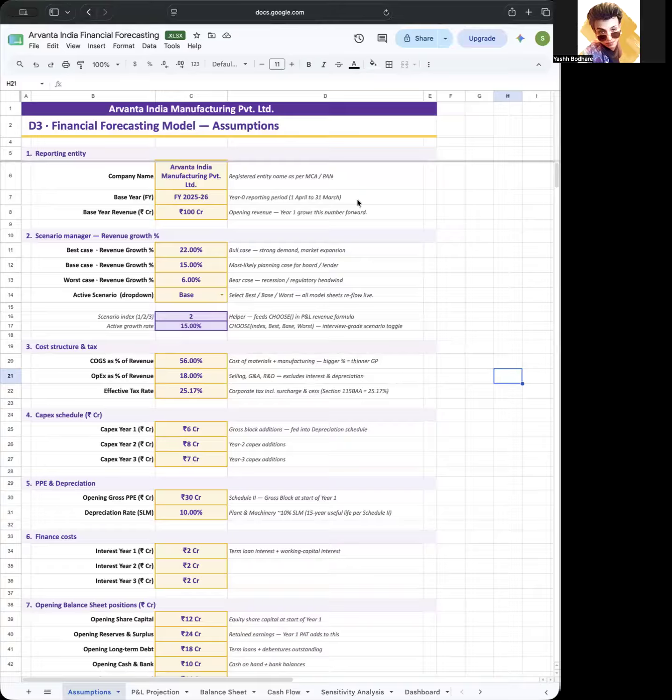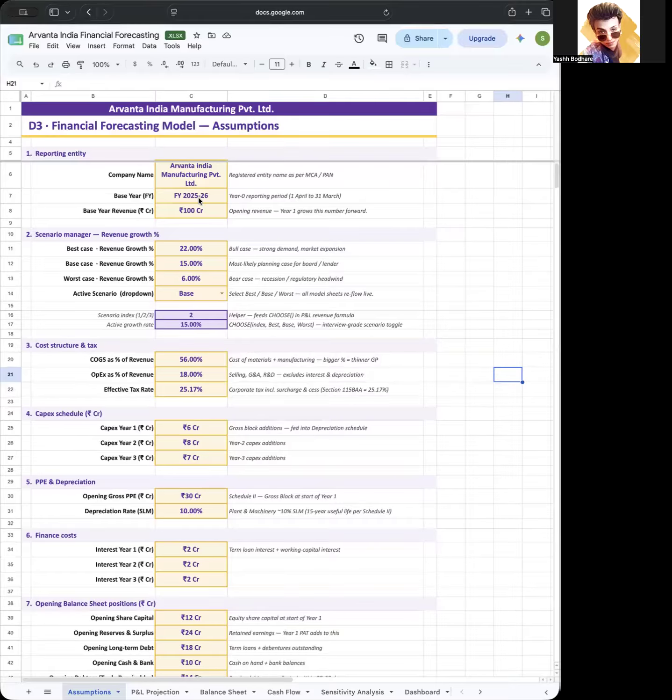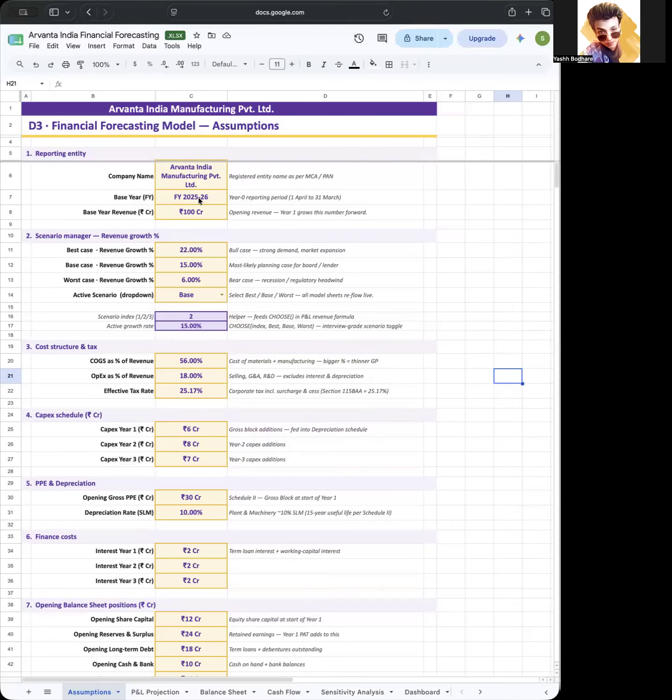So, as you can see, there's a base year, which is FY 2025-2026. The base year represents the last completed financial year before the forecast begins. It provides a historical starting point for the model. In India, the financial year normally runs from 1st April to 31st March. Therefore, FY 2025-2026 represents the period from 1st April 2025 to 31st March 2026.